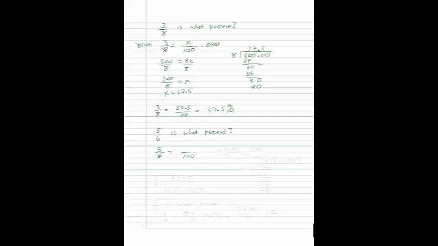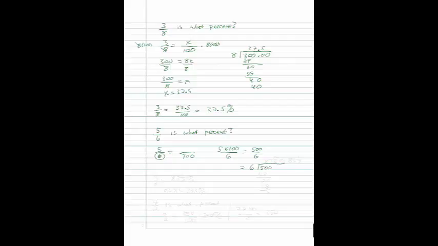Whenever you're solving a proportion, you multiply across where you can and then divide. So to answer this question, all you have to do is to take 5 times 100 divided by 6. So 500 over 6.